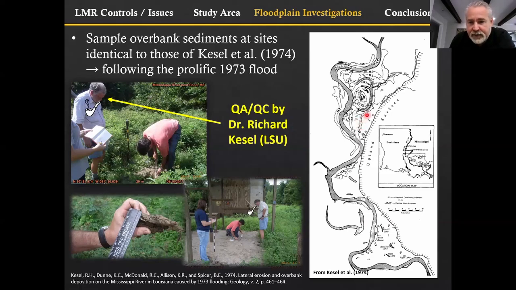After the 2011 flood, the National Science Foundation funded a rapid study where Dr. Paul Hudson and I joined Dr. Kessel, who came up from LSU, to basically resample some of the same locations that he sampled following the 1973 flood. So he was our quality assurance, quality control expert, making sure that we were sampling the exact same way that he did following that flood of 1973.